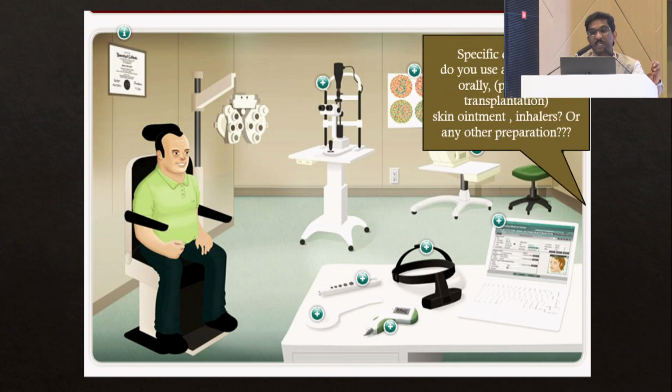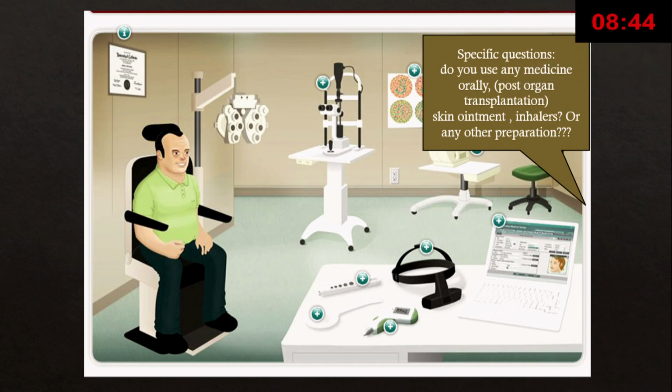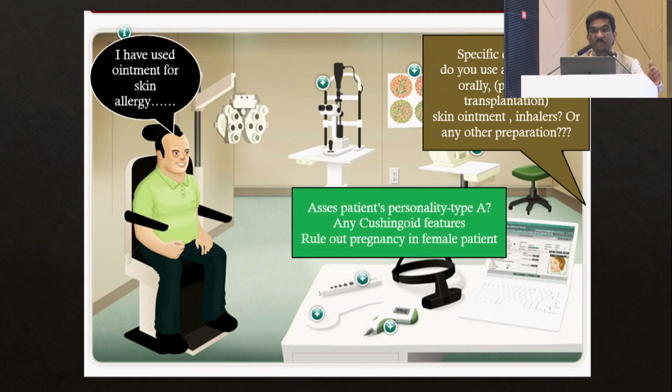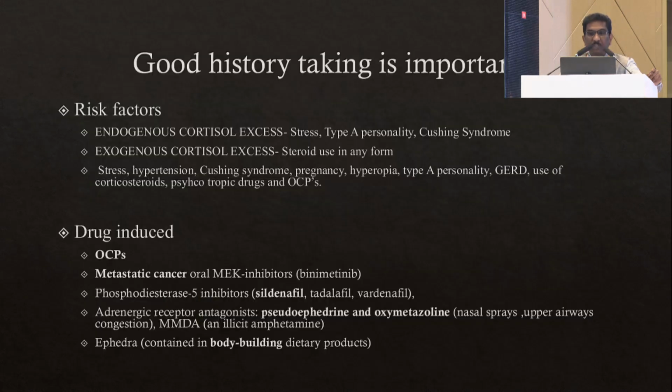Are they taking any skin ointments? Are they using any inhalers or any other preparations? Then the patient may tell that I'm using some ointment for a skin allergy or so. Also assess the patient's personality. Does he have any Cushingoid features? And rule out pregnancy in a female patient.